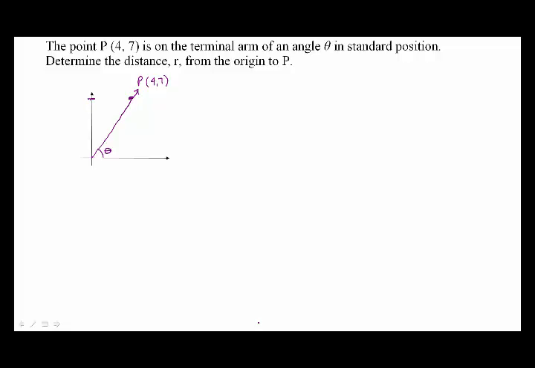So, how high up is that point right there? That is 7. This point here is 4, which means that length right there is 4.